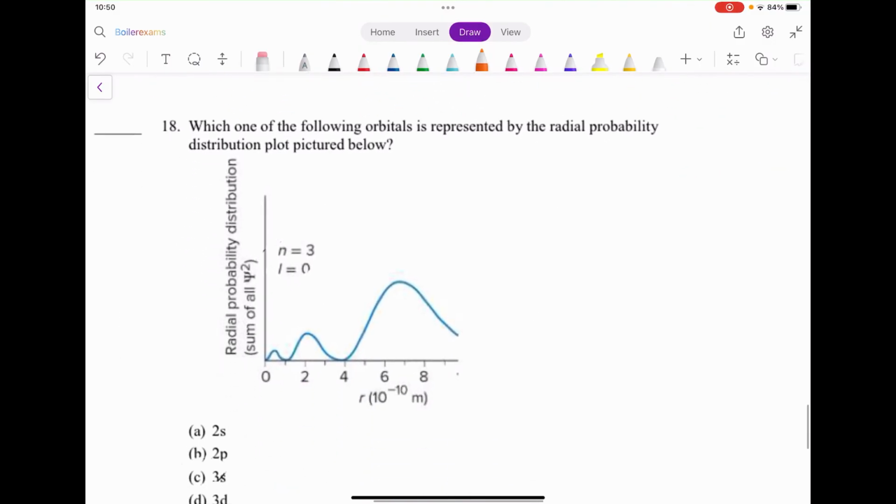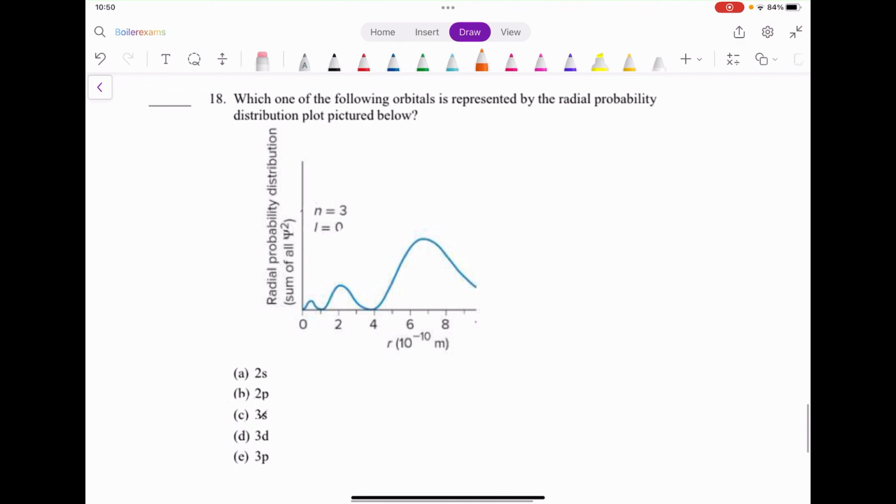Which one of the following orbitals is represented by the radial probability distribution plot pictured below? So the first thing about these questions is they put on the graph the N and L energy level. So immediately I know that the N is 3 and that L is 0, which corresponds to S. So immediately I know it's 3S without even reading the graph. And I'm not sure if you're supposed to know how to actually read these.